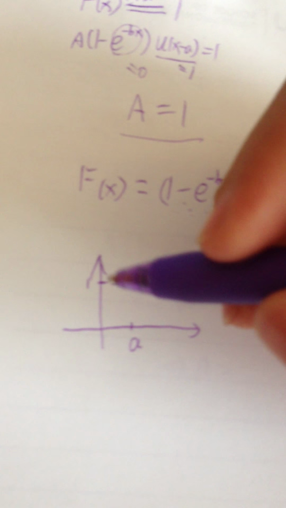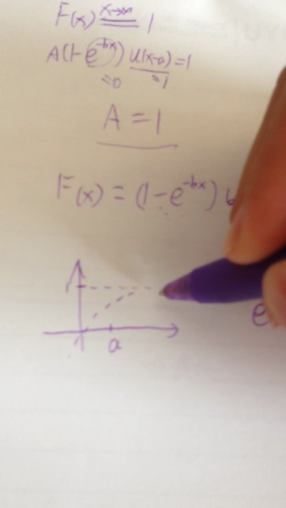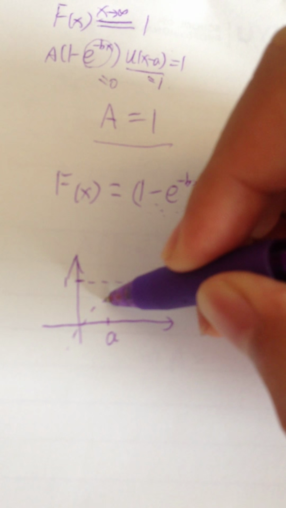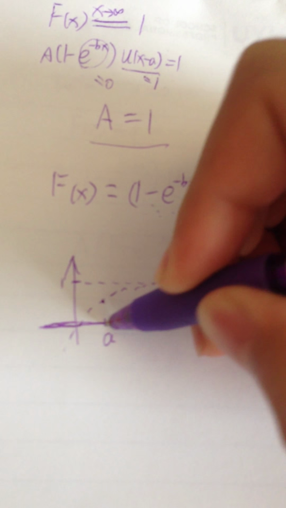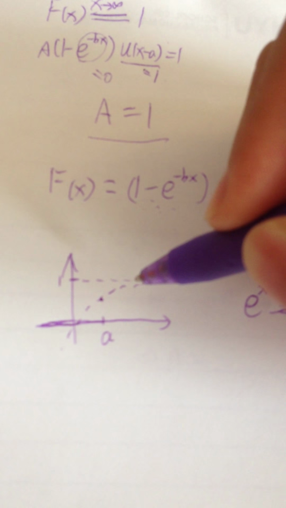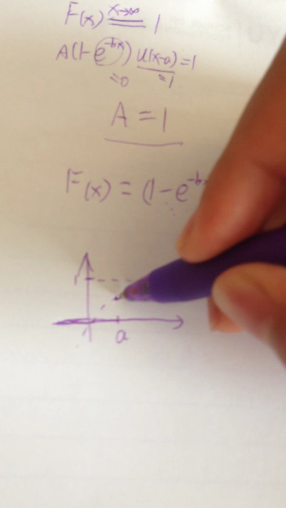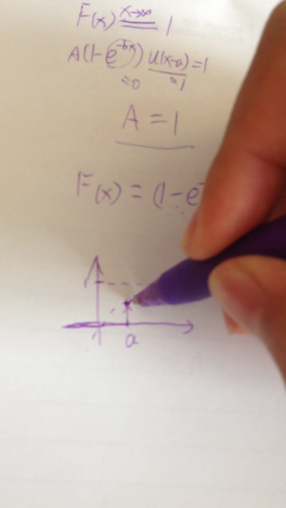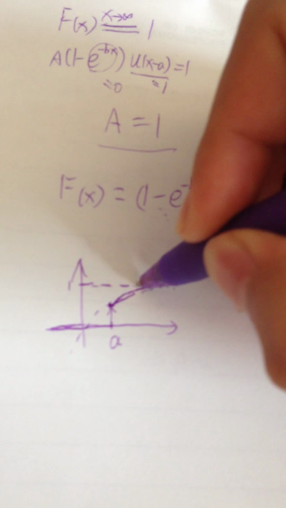So let's first sketch the full one, and we know that when x is less than a, f of x equals 0, and when x is no less than a, it's just like this one. So we get this to be the plot of f of x.